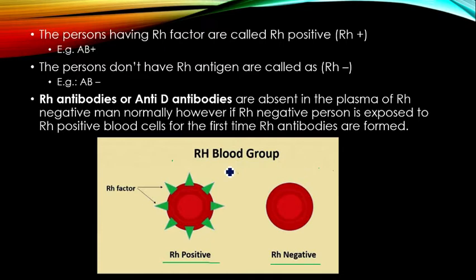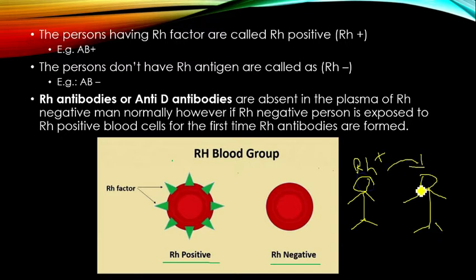But when you transfer Rh positive blood into an Rh negative person, then Rh antibodies are formed in the receiver. Here the negative blood group produces Rh antibodies.